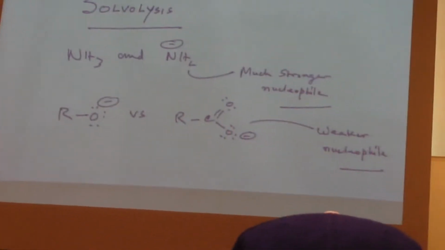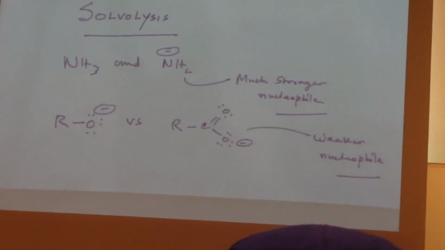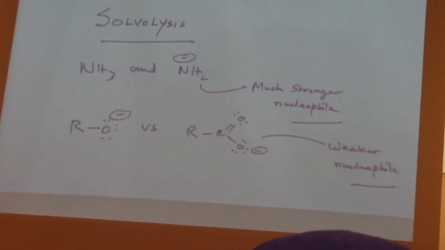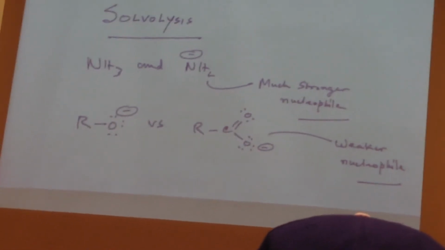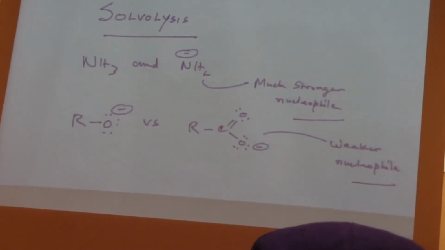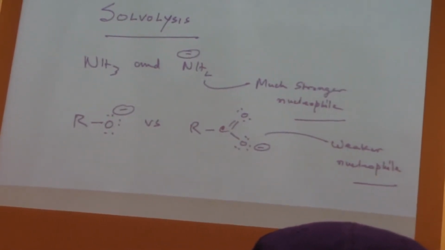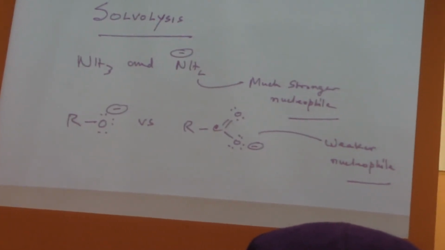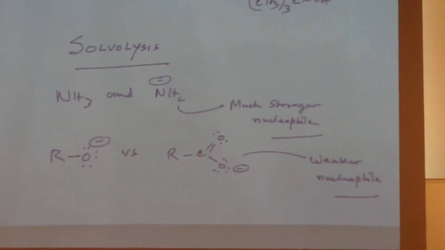In other words, if you compare one nucleophile with another, whichever is the more stable one by itself, regardless of whether it's a neutral molecule or an anion, is a weaker nucleophile. It doesn't want to attack. It's already happy the way it is. So nucleophiles are typically electron-rich species, which are relatively unstable and want to attack something to generate a more stable structure.